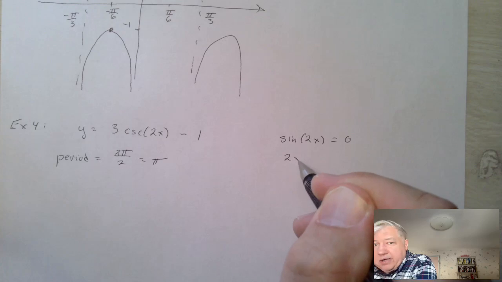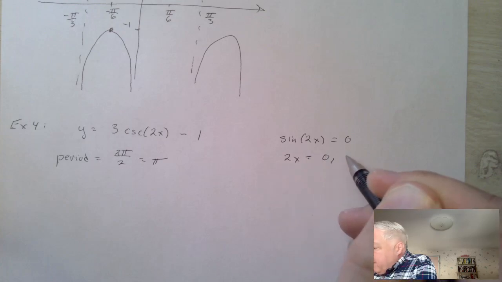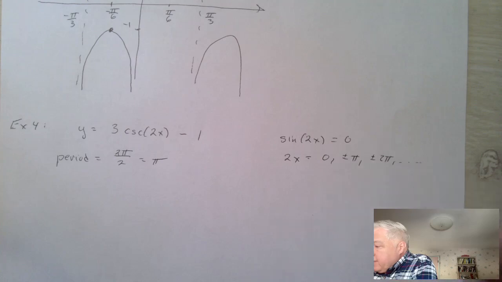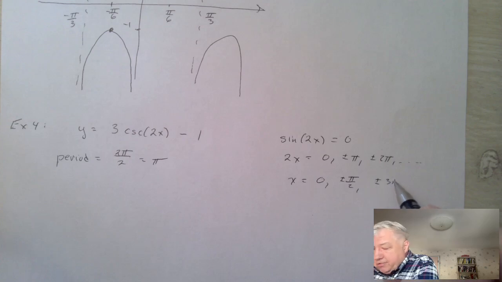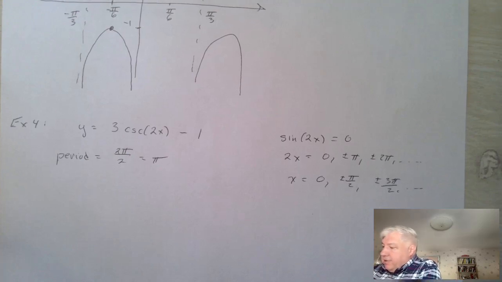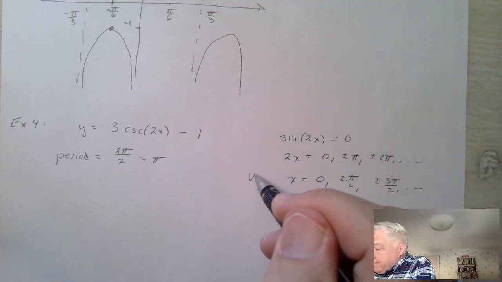So we want 2x to be 0, plus or minus pi, plus or minus 2 pi, etc. We divide by 2, we get 0, plus or minus pi over 2, plus or minus 3 pi over 2, and so on. And so this is where the vertical asymptotes are.